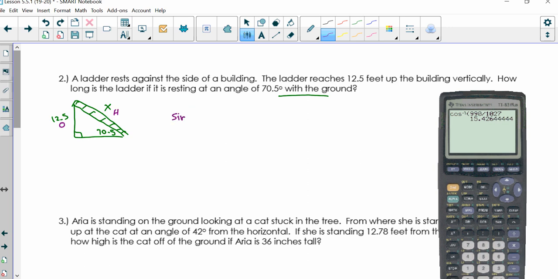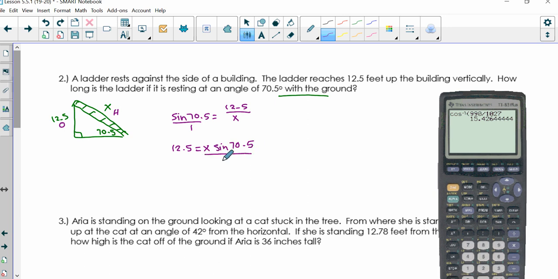So we're going to say sine of 70.5 equals my opposite over my hypotenuse. I'm going to put this over 1 and I'm going to cross multiply. So 1 times 12.5 is 12.5. X times sine of 70.5 is x sine of 70.5.